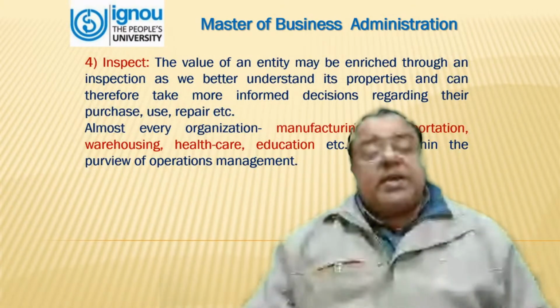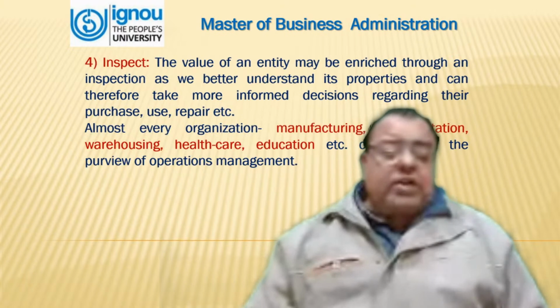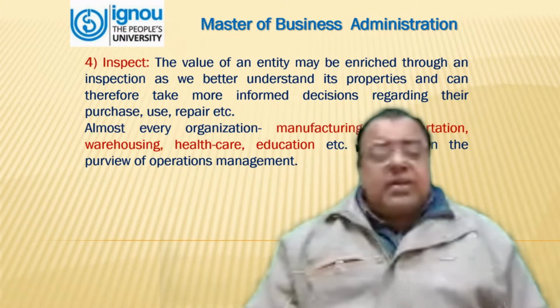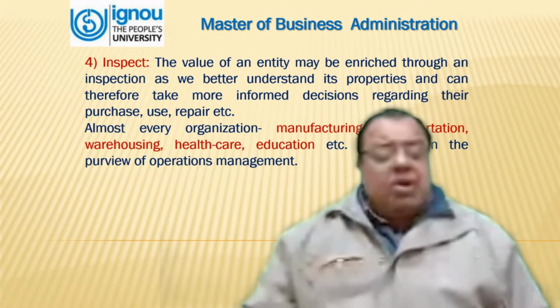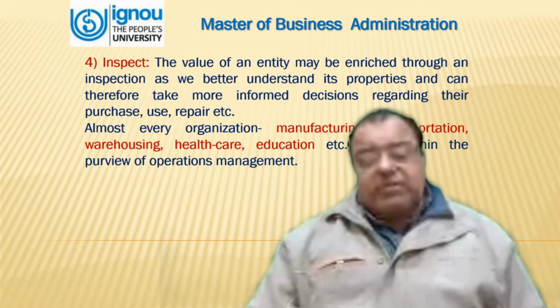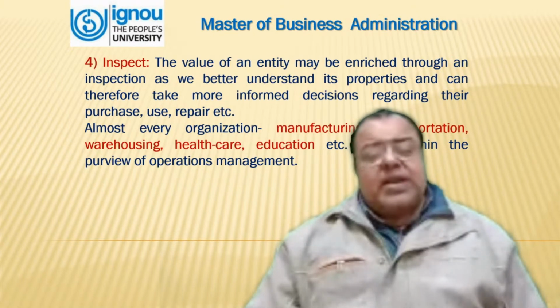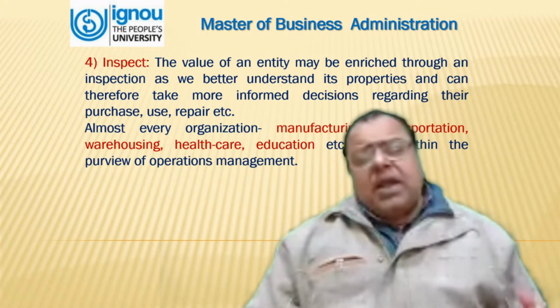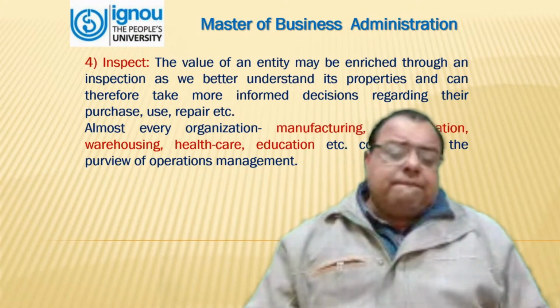The value of an entity may be enriched through an inspection as we better understand its property and can therefore take more informed decisions regarding their purchase, use, repairs, etc. Almost every organization, that is of manufacturing, transportation, warehousing, healthcare, education, etc., comes within the purview of operations management.